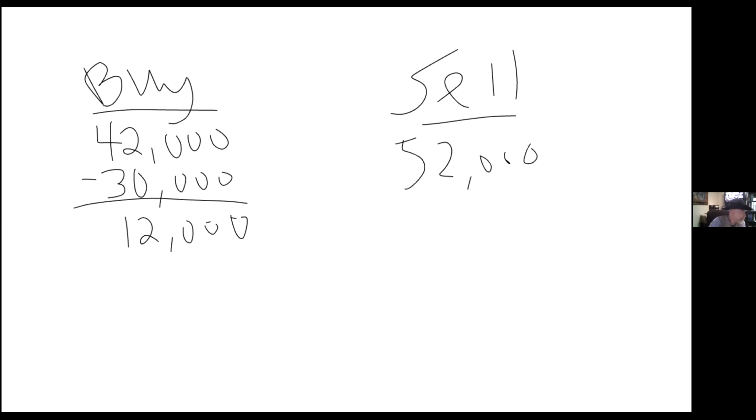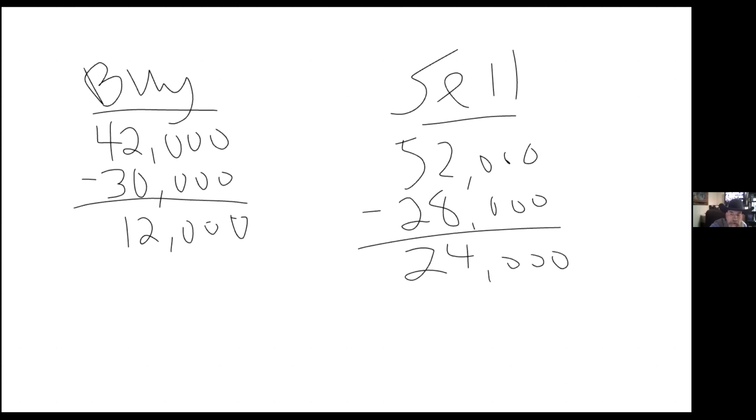And we pay off the loan balance of 28,000. That gives us a present equity of 52,000 minus 28,000 equals 24,000. And this is present equity.